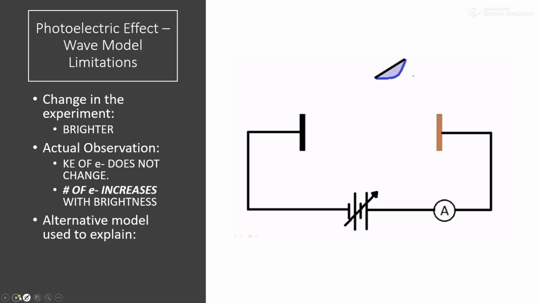In fact, if I shine red light on it, and no electrons come out at all, then no matter how bright that light is, no matter how big I make the wave, there won't be any electrons coming out at all.